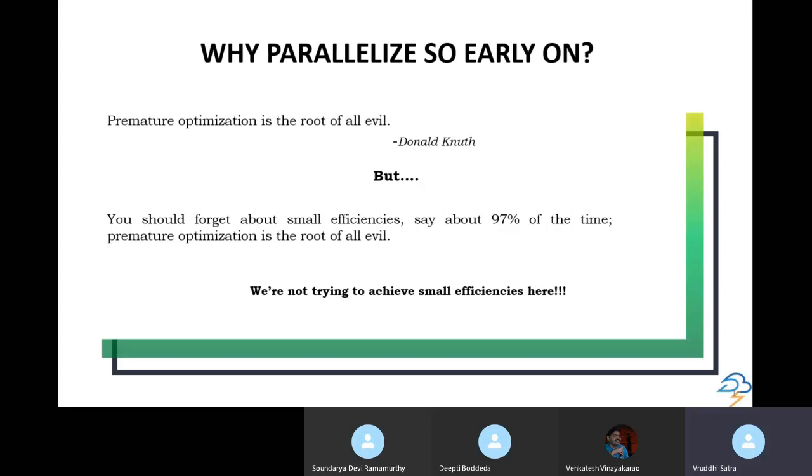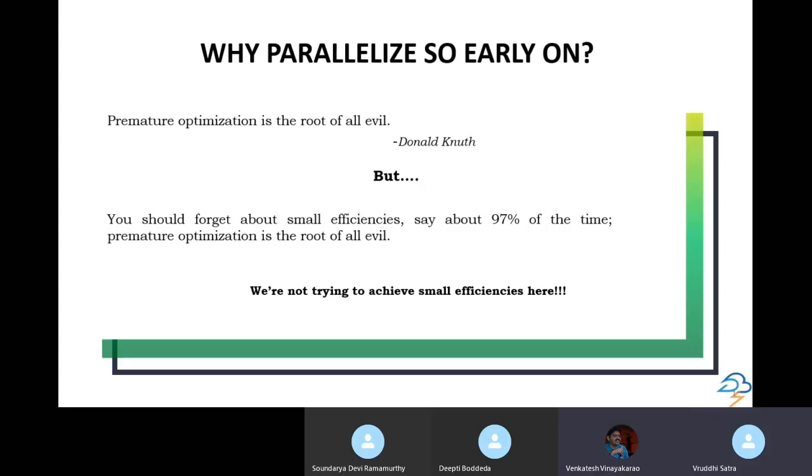Here we are not trying to achieve small efficiencies. We are working on big data. Every efficiency enhancement we make counts. And one minor performance block can be the difference in not achieving the performance SLA that we need when working with large data sets. So we should take care of scalability before deploying our model.